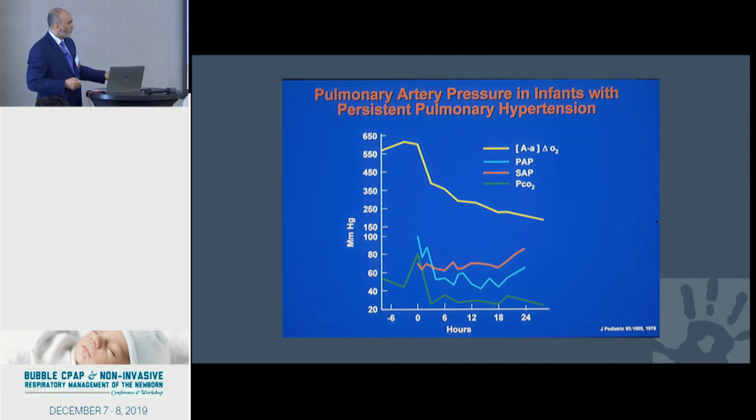And then you can even argue that before 24 hours of life, you start to see the pulmonary artery pressure coming up again, and the situation turning worse again. But based on that report, it became a standard of care in the 1970s and early 1980s that we really need to bring the CO2 to that critical value, less than 25.